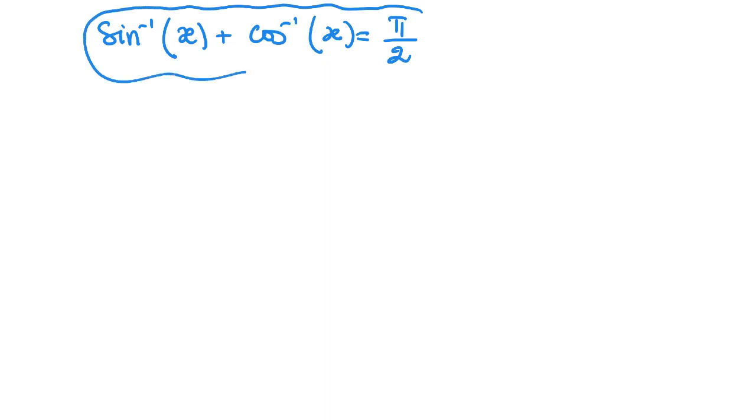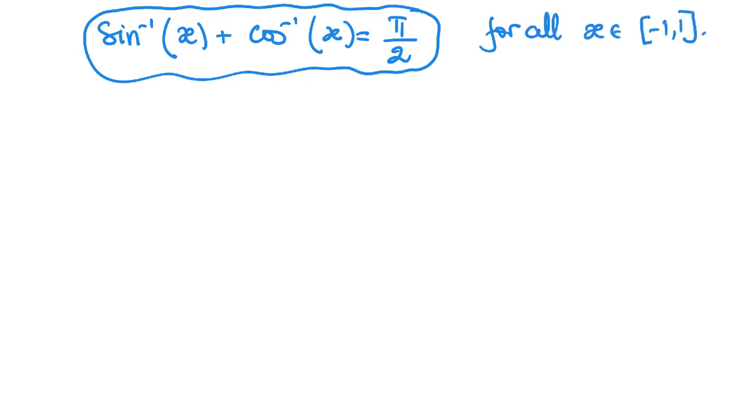Finally, in this video, I want to show the following result, that sine -1 of x plus cosine -1 of x is always equal to pi over 2, and this for all x in the interval -1, 1.